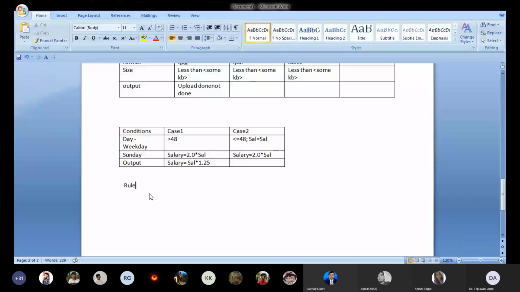So with respect to this test case, Rule 1 is hours less than or equal to 48, and day from Monday to Saturday.